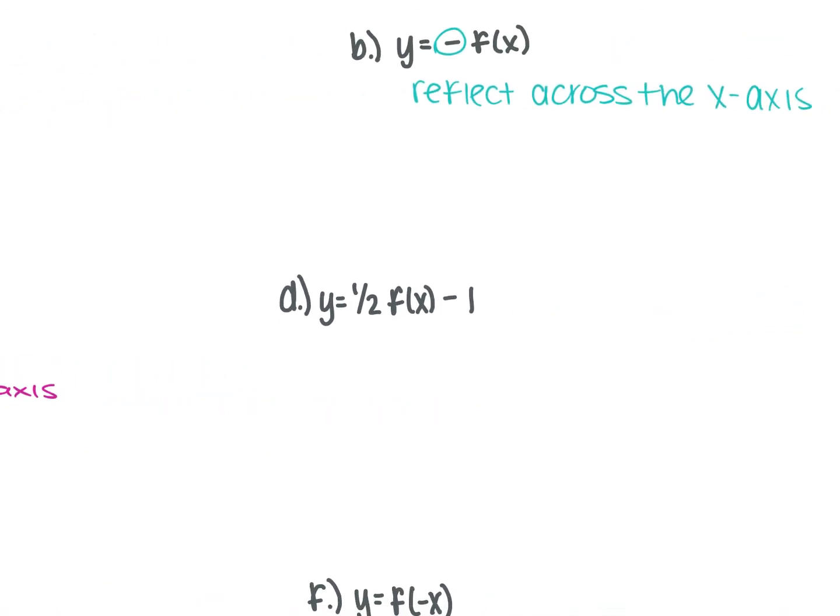For D, we have y is equal to 1/2 times f of x minus 1. The 1/2 is in front of the f of x, so it's happening vertically. It is less than 1, but greater than 0. So we have a vertical compression by a factor of 1/2.